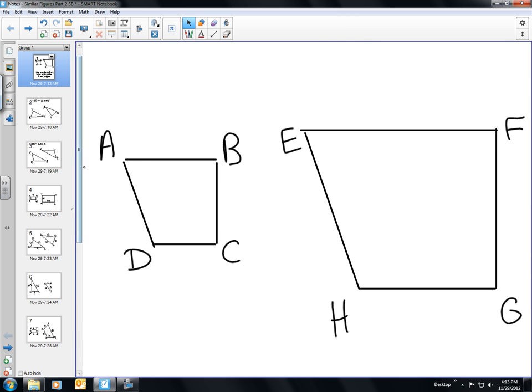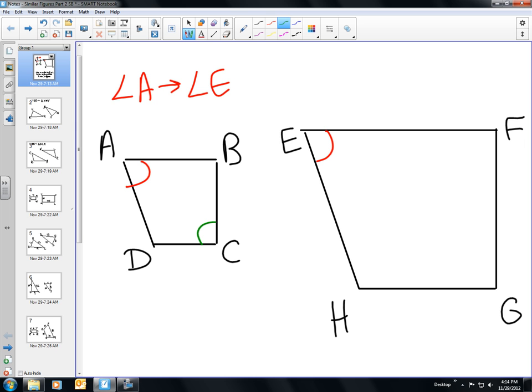So here we can say that angle A and angle E are in the same position, so angle A corresponds to angle E. We can also say that angle C corresponds to angle G. Those are the types of angles you would use.